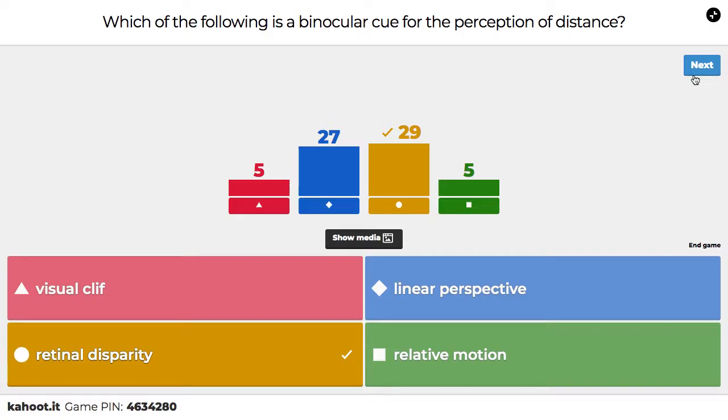The other binocular cue is convergence, which is crossing our eyes. I told you that you would get linear perspective and convergence mixed up, which you did. Linear perspective is when you draw parallel lines and they appear to meet in the distance. That's a monocular cue, not binocular.